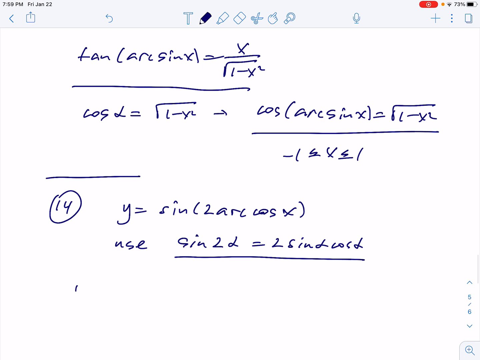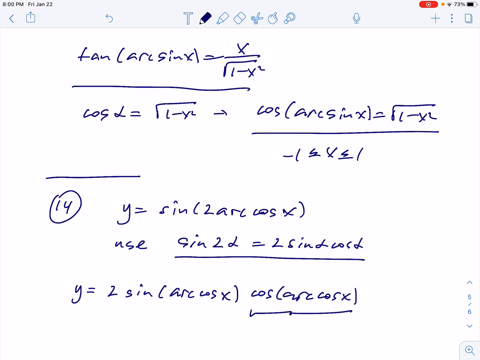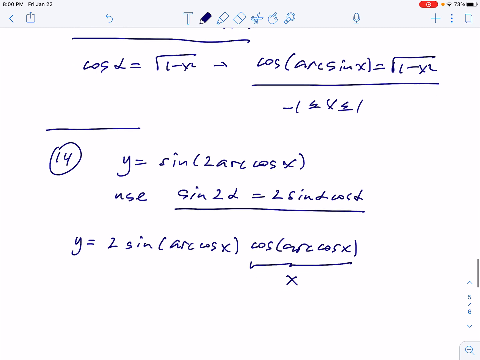So we can write y as 2 times sine of arc cosine x, and this multiplied by cosine of arc cosine x. Well, this second factor will be just x by the basic identity.